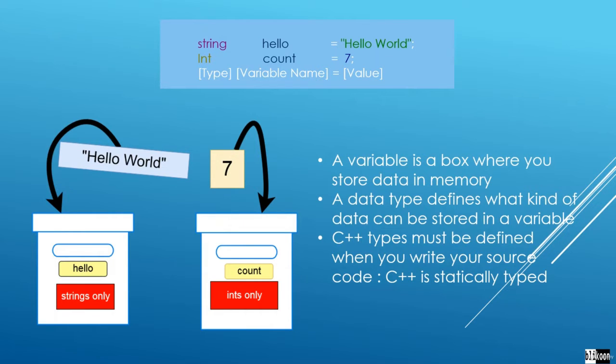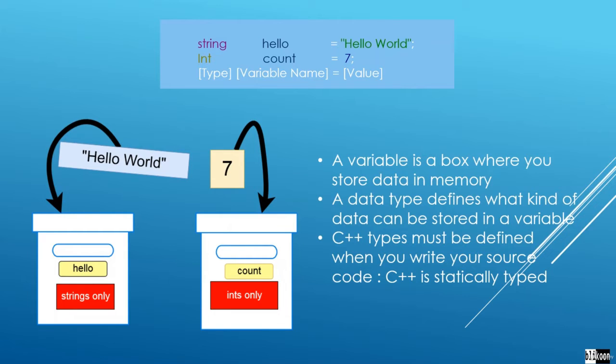You can think that there's a good number of boxes in computer's memory, and you can ask the computer to reserve space for you to store a variable by using declarations like this: string hello, integer count. And on the second line, we are doing the same thing. We are asking the computer to reserve space to store our variable, and we're going to refer to our variable using the name count. We are storing the value 7 in a variable that is called count.